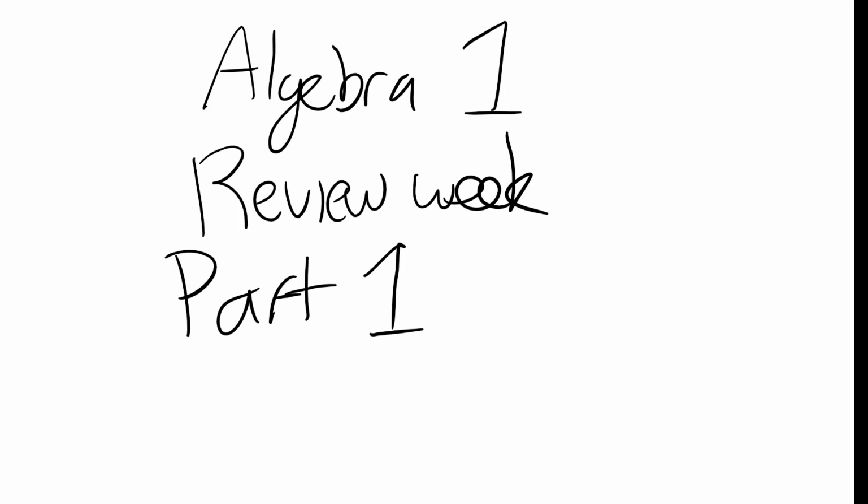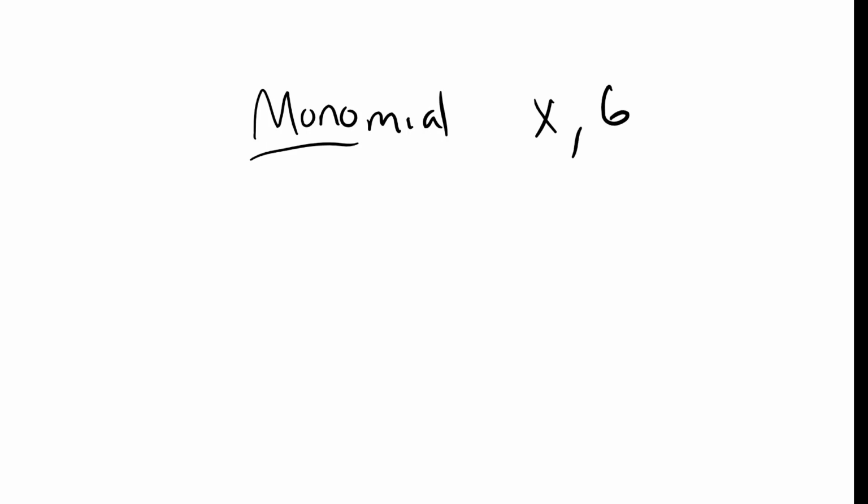So, first definition is monomial. Mono means one. So a monomial is an expression with only one thing in it, like x or like 6. Those are both monomials. If you have a binomial, you have two terms.